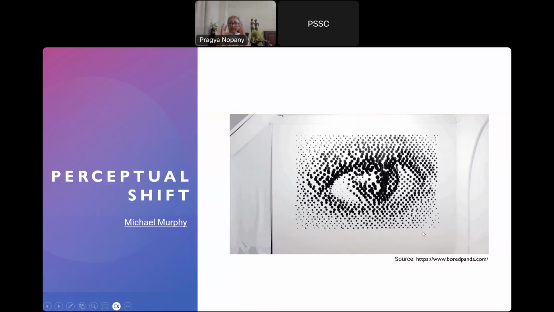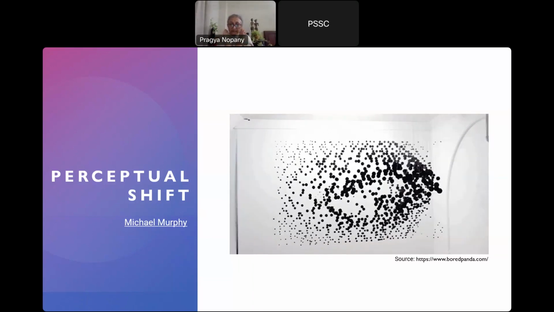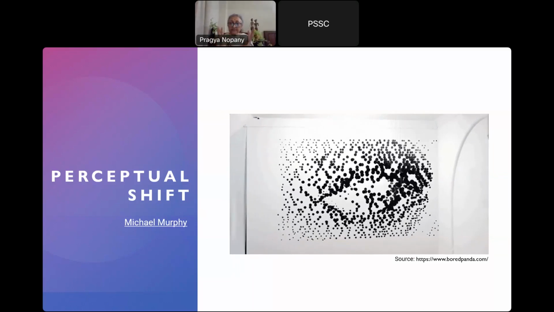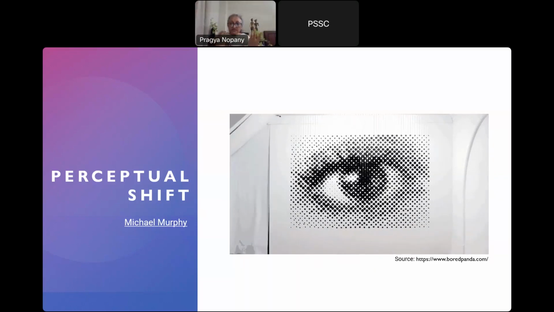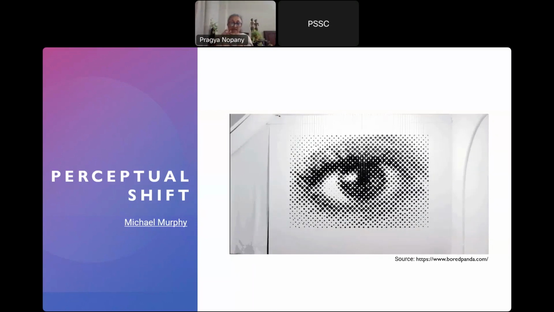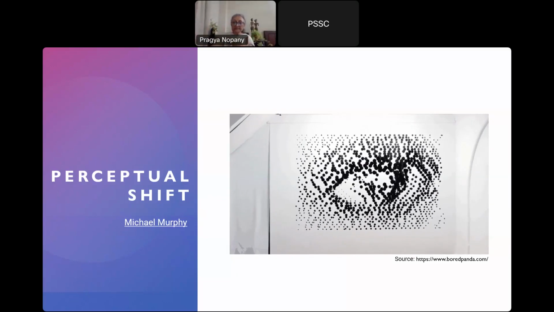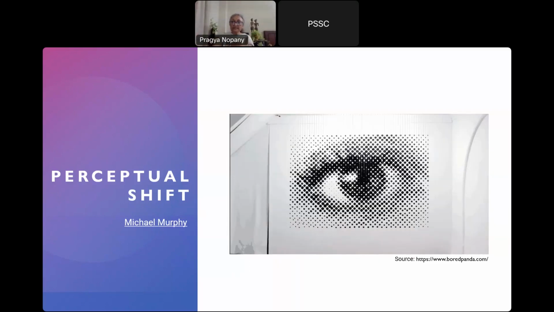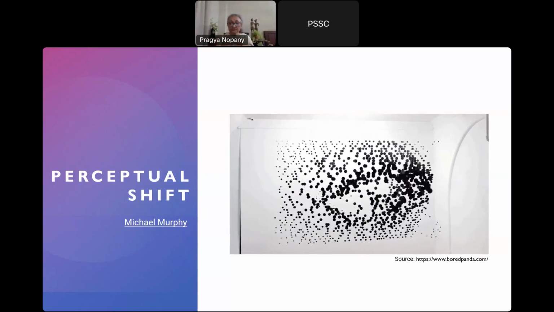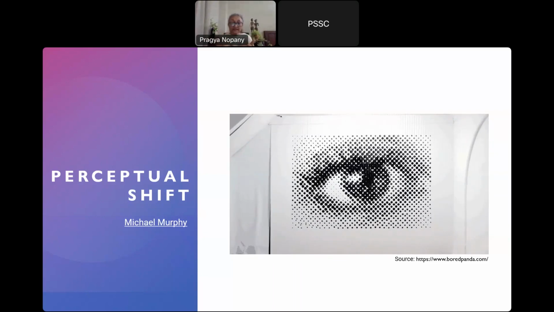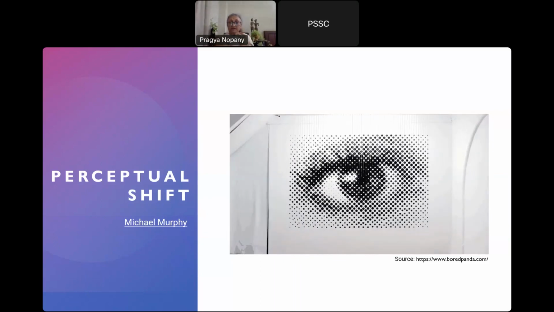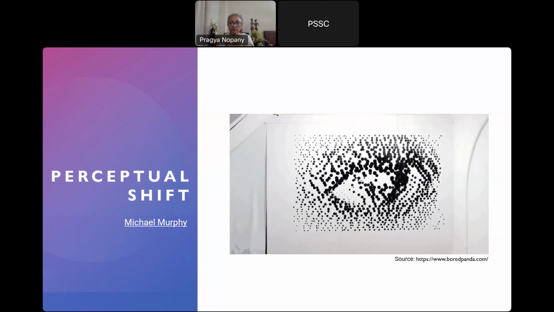So you can have a two-dimensional picture converted into a three-dimensional assembly of a large number of balls of different sizes, arranged in different vertical planes to give an impression of a two-dimensional picture which looks very realistic. So that is another way large numbers can be brought into art.